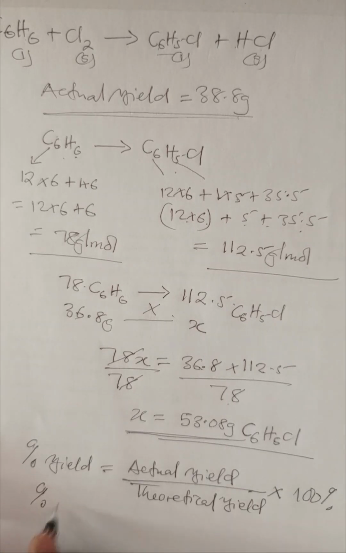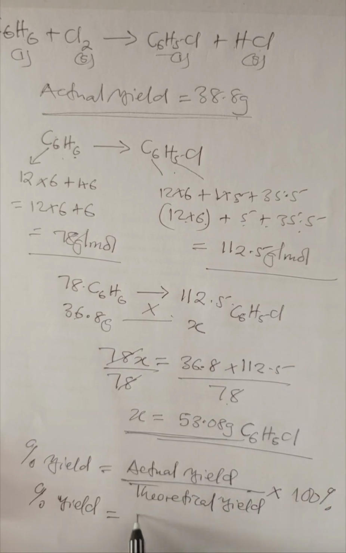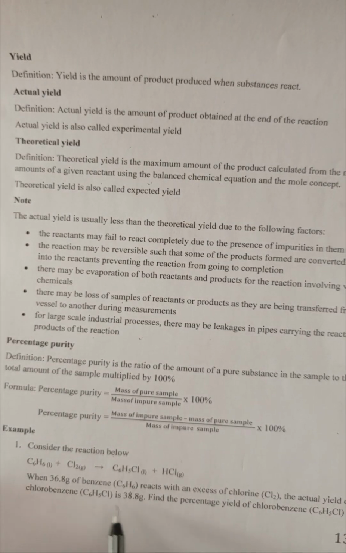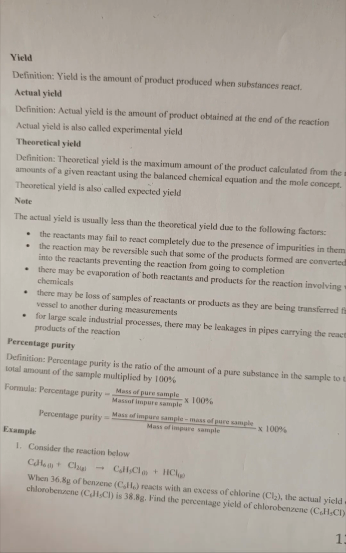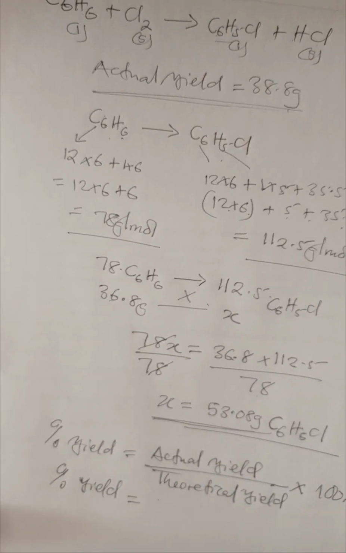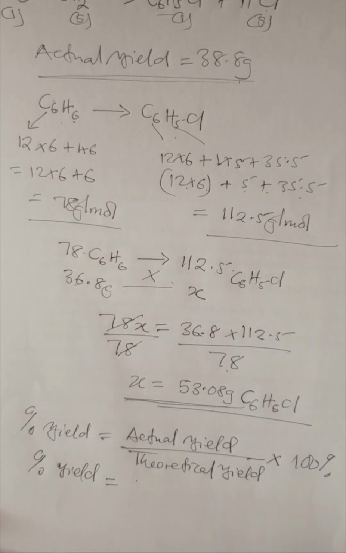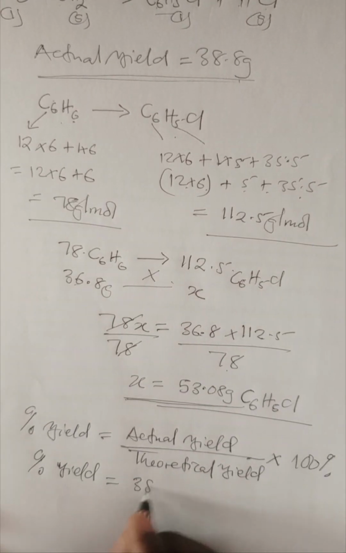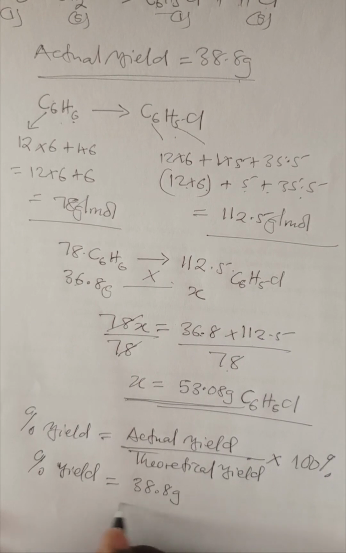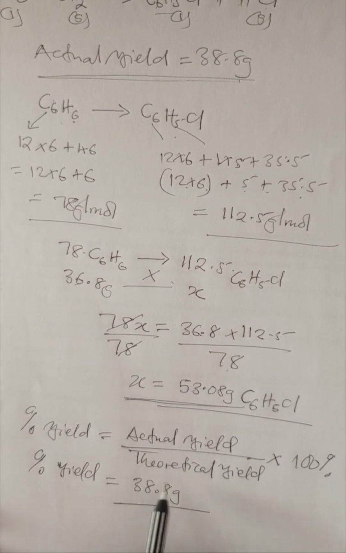So percentage yield, therefore, is equal to the actual yield, which was given in the question. Let me show you here. The actual yield is 38.8 grams. So we're going to get that and replace it here. 38.8 grams over what is the theoretical yield?